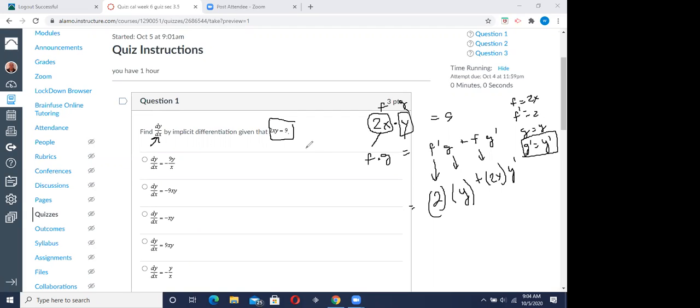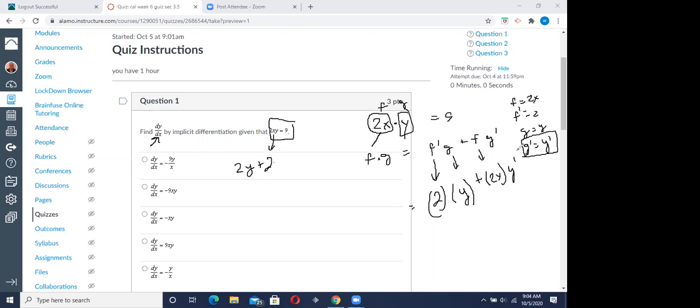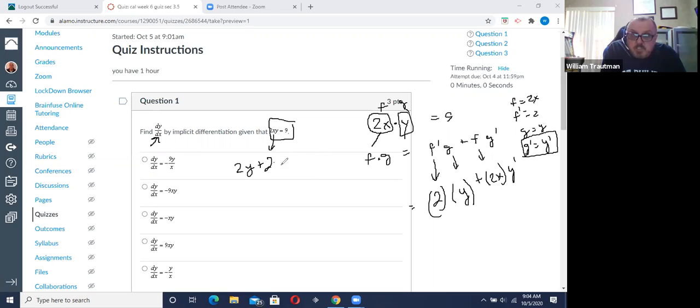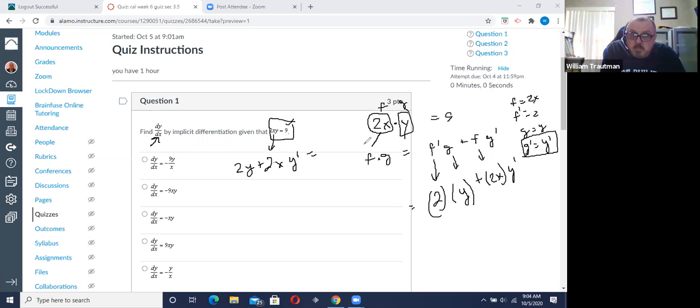So when I take the derivative of this, I get 2y plus 2x y prime, and the derivative of 9 is 0. When using implicit differentiation, we have to isolate y prime.